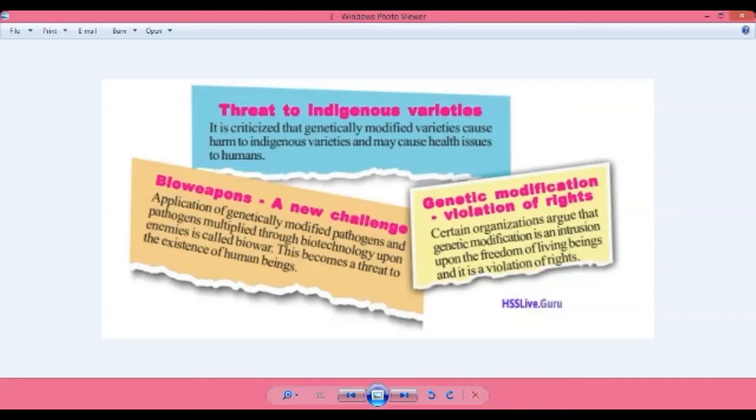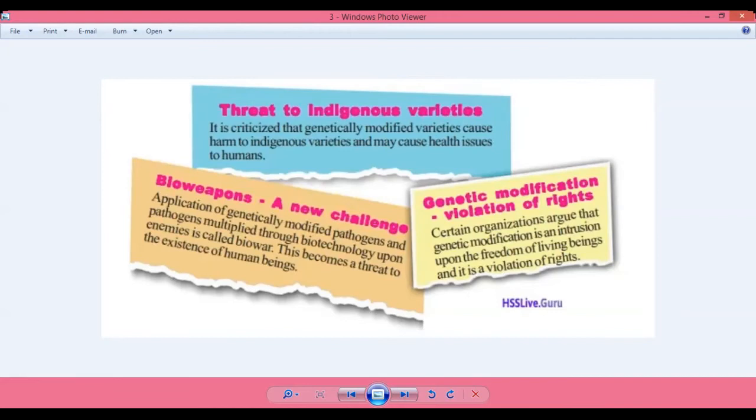I don't know whether you have heard news like this, that coronavirus was once said to have been used as a bioweapon by China. Like that, certain viruses are used by certain countries against their enemies in order to destroy those countries. So that's the bioweapons. That means genetically modified pathogens are used against the enemies.